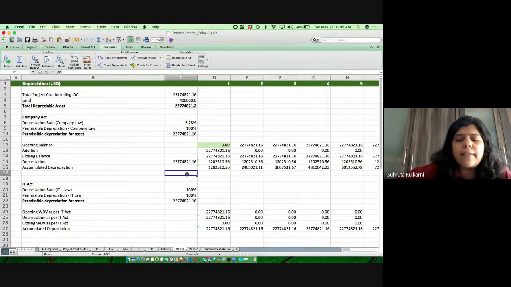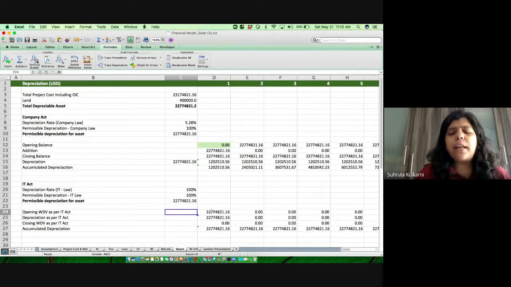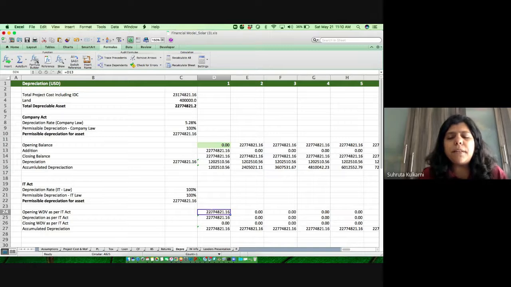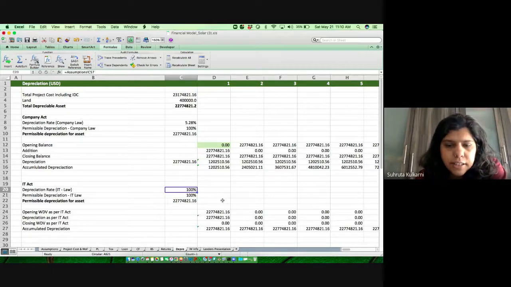But the government has the intention of developing this infrastructure in the country. That is why they have given 100% depreciation, and then they give tax holidays, etc. The way income tax asks you to calculate depreciation is as per the written down value method. Here they have mentioned 100%, and this is coming from an assumption. Let us change it and look at what it looks like.